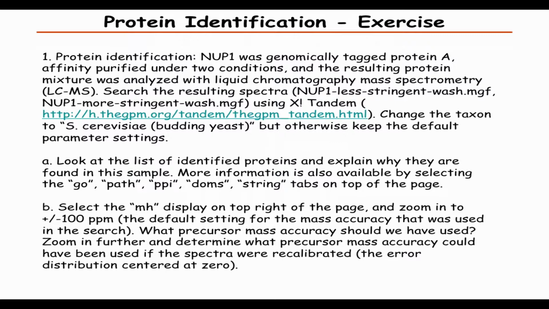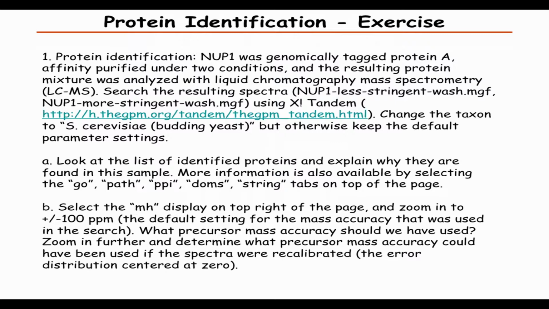The task is to look at the list of proteins, and then we can break into smaller groups and discuss, and you explain why the different proteins showed up in this sample. The sample is someone who genomically tagged NAP1, which is a nuclear pore protein in yeast, and did an affinity purification.